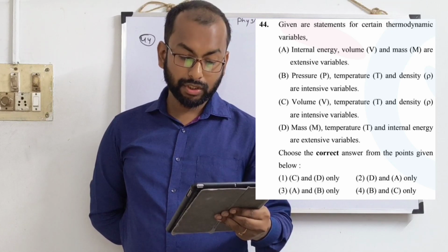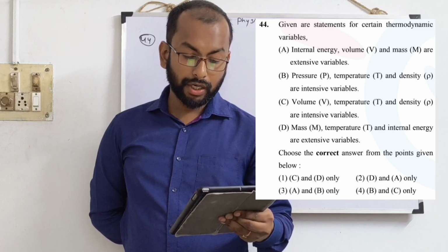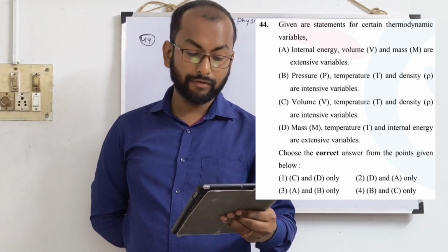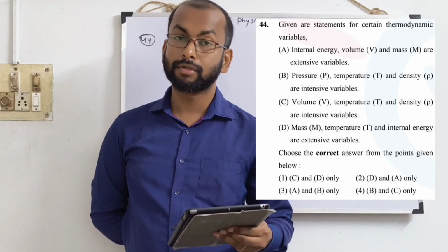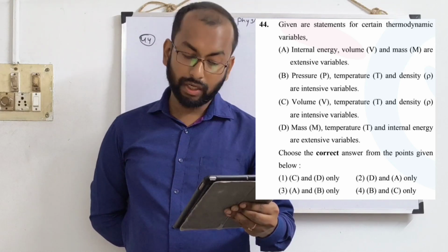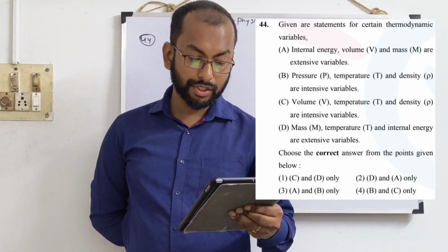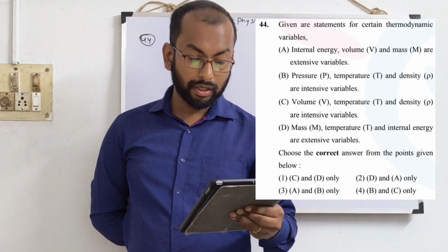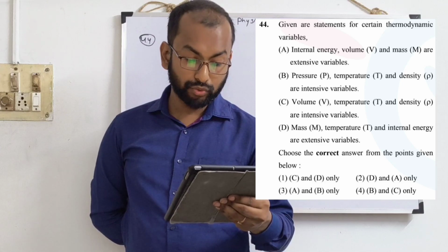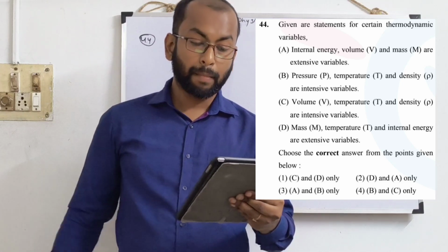Volume, temperature and density are intensive variable. Okay, the density is intensive variable, that is true, but volume is not intensive variable, it depends upon the mass. So it is not true, the C. And D of course is given that mass, internal energy are extensive variable. No, temperature is not extensive variable. So A and B are true. So option number 3 is the correct one.